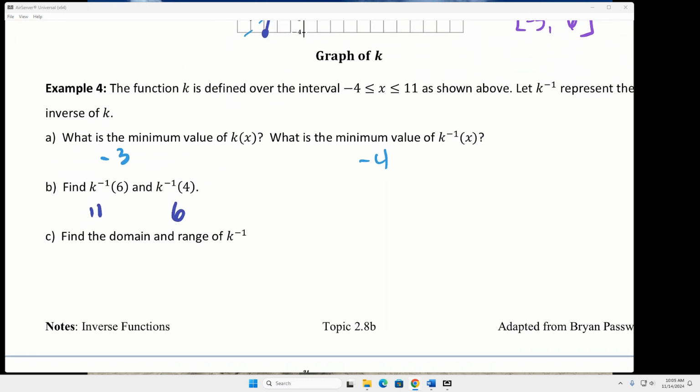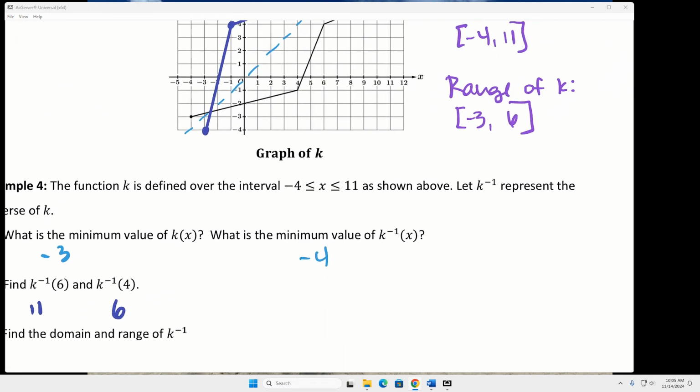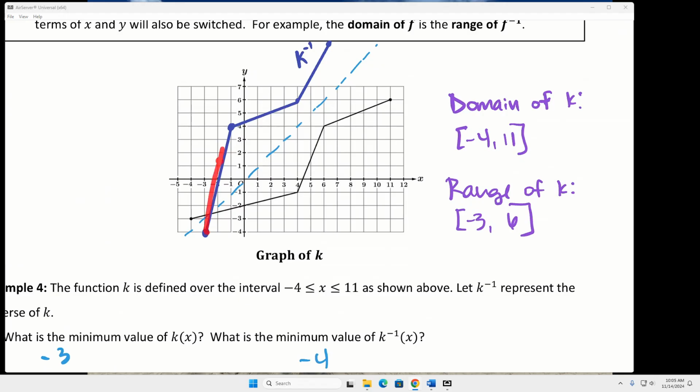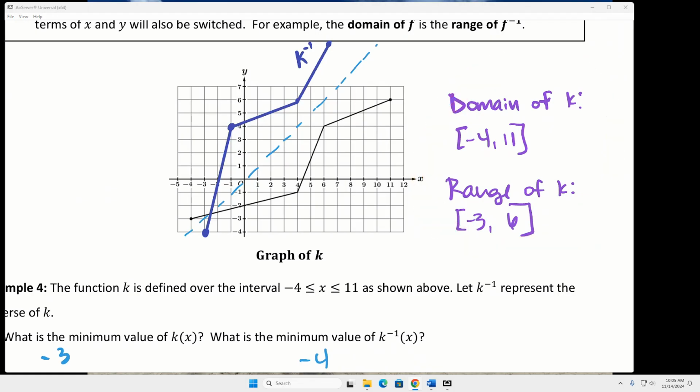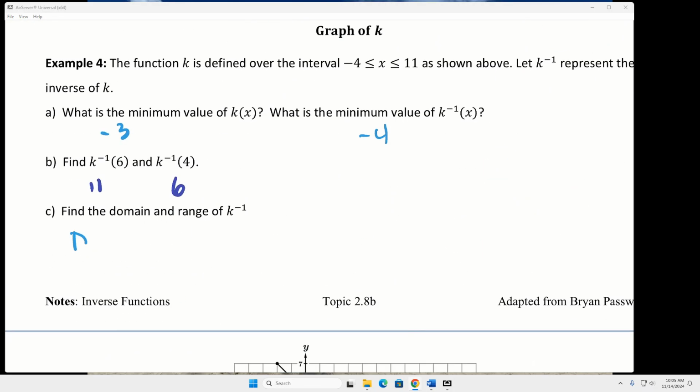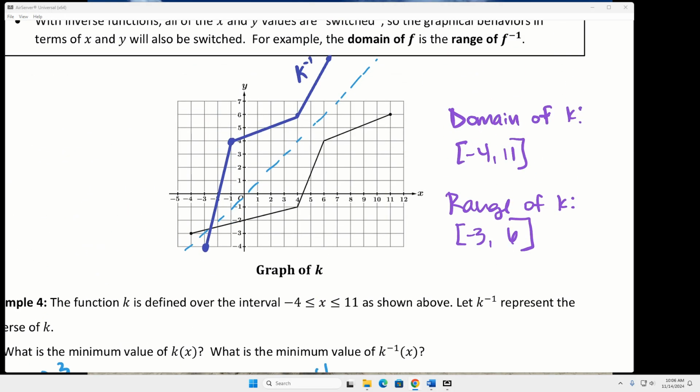All right, and then C, we're going to find the domain and range of the inverse function. We can get that from this graph if you wanted to, or we can just switch the domain and range of K. So if I want to find the domain of K inverse, it's just the range of K. And if I want to find the range of K inverse, it's just going to be this domain.